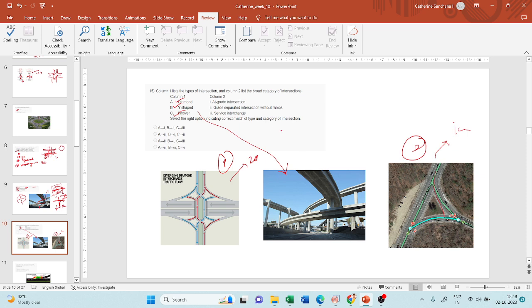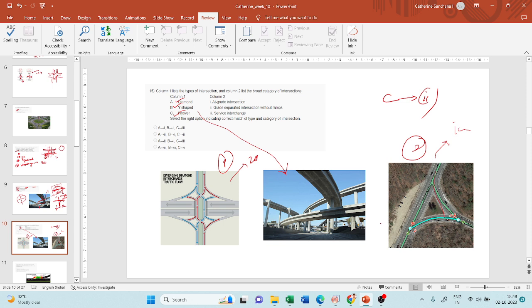Now you have been asked to match column 1 and column 2. Let us go from flyover. A flyover, as I said, is a grade separated intersection without ramps, just two roads crossing one another at different levels, with no connection between the two. So C is 2. Y-shaped intersection: if you see the figure itself, you can understand that a Y-shaped intersection is not an interchange.